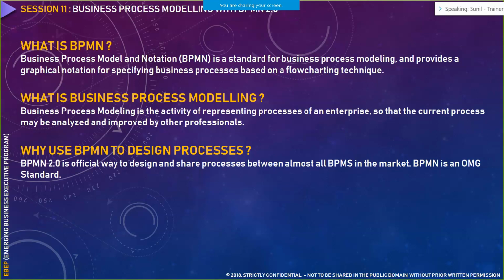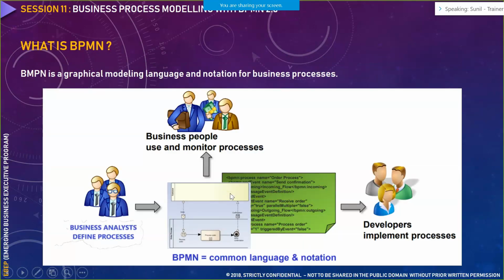Similarly, process modeling and UML modeling are governed by an organization called OMG, Object Management Group. So they essentially define the standards and framework and the notations around techniques like process modeling and UML modeling.